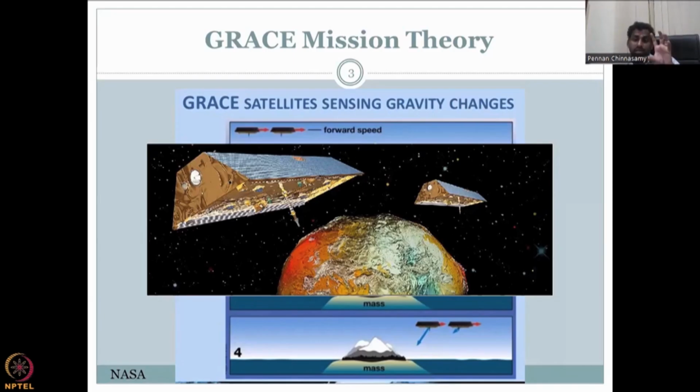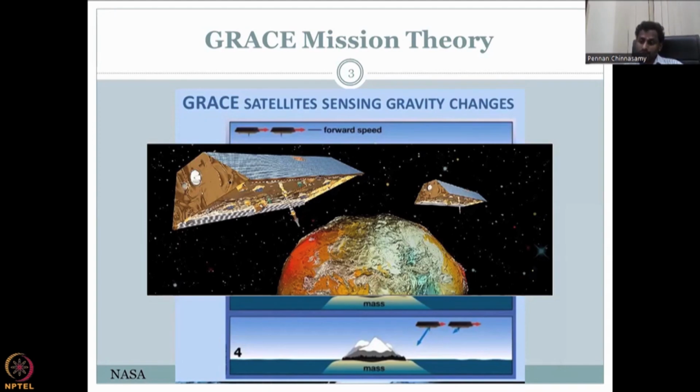So now you see how GRACE looks at Earth. It is not a smooth sphere because it has differences in masses. Suddenly you have the Himalayas with a high mass, and then it dips down into the oceans and lakes and other areas.